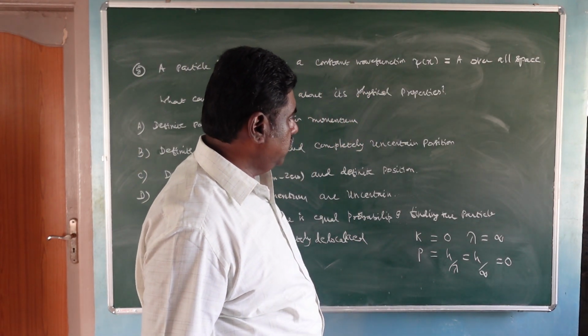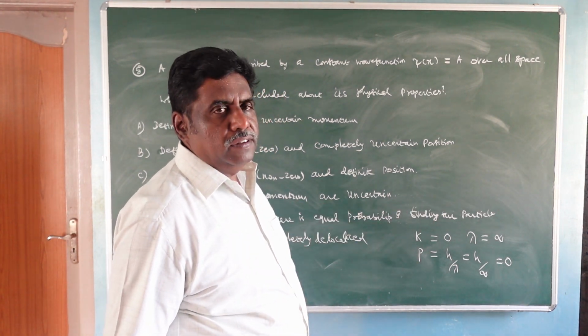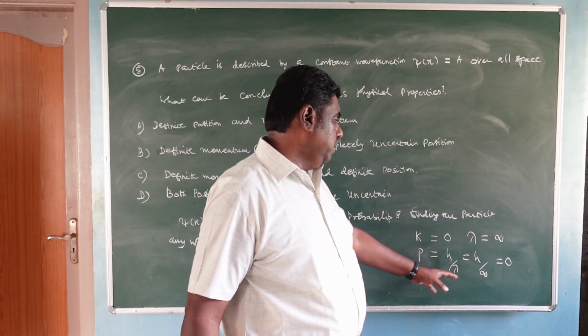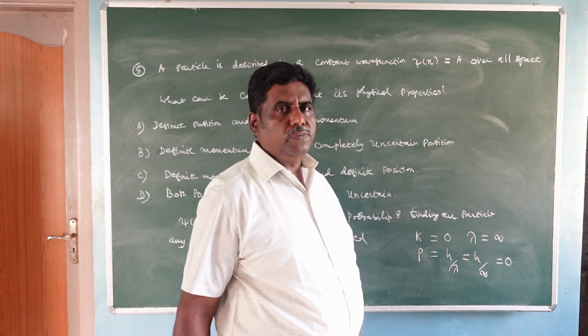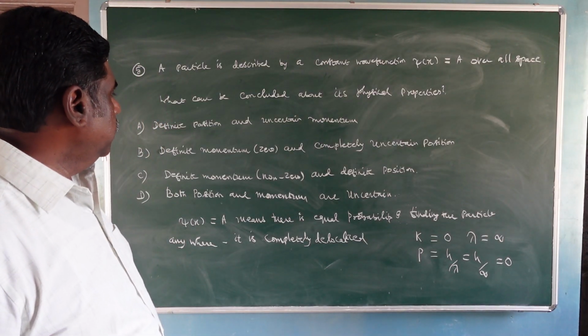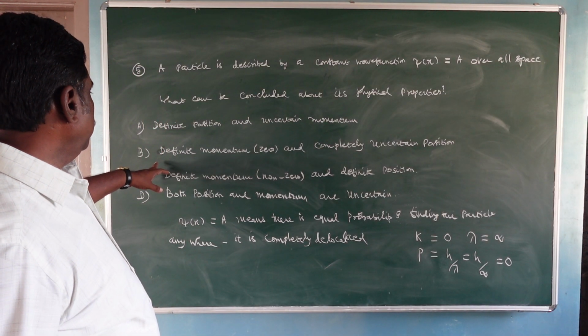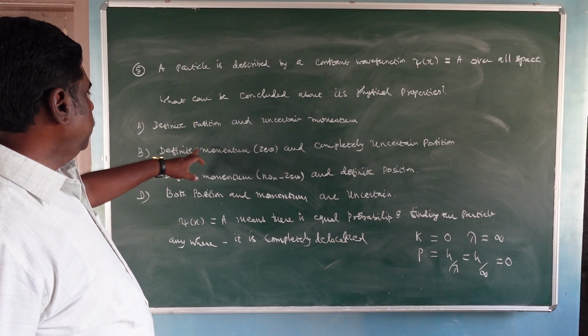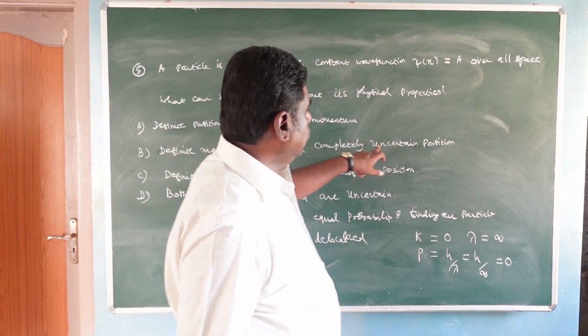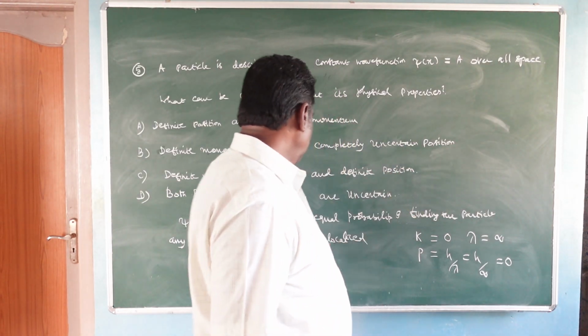K equal to 0 means lambda is infinity, which means momentum is 0. Momentum 0 specifies definite momentum, here 0, and completely uncertain position.